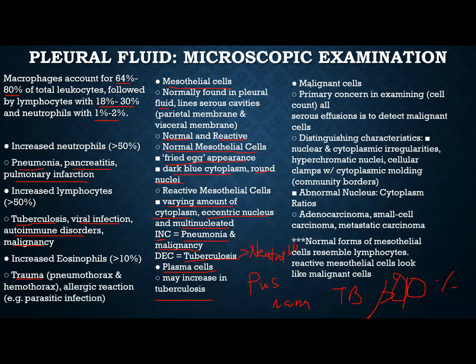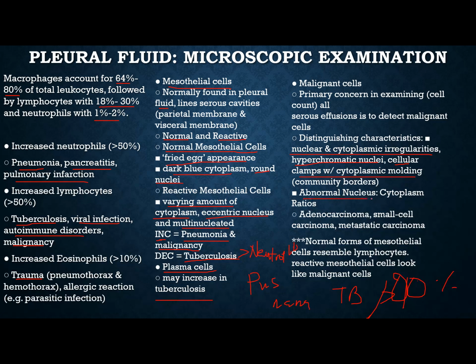Now, you would also be able to see malignant cells. This is a primary concern in examining all effusions to detect malignant cells. So, ang characteristics of a malignant cell is that it would have nuclear and cytoplasmic irregularity, hyperchromatic nuclei, cellular clumps with cytoplasmic molding, appearing as community borders.